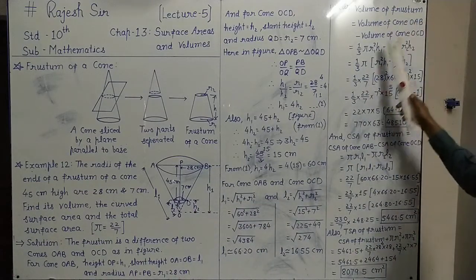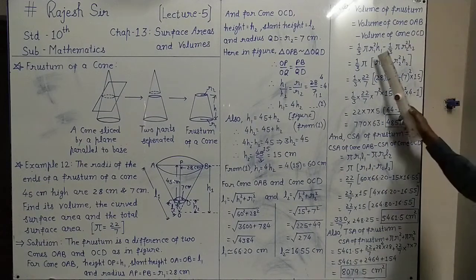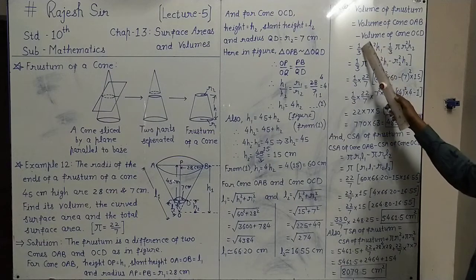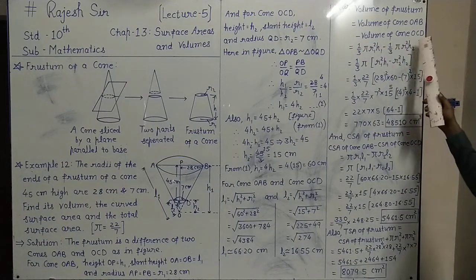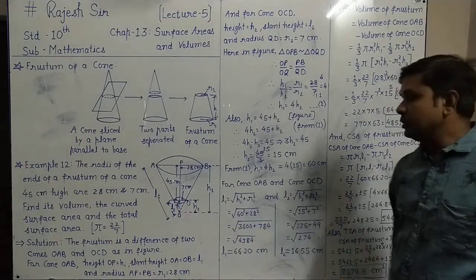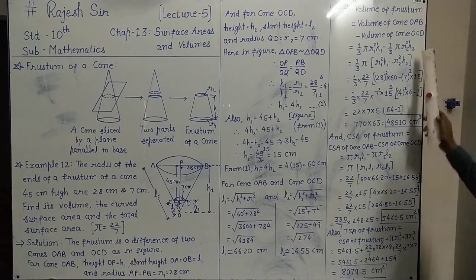Now the formula for the volume of a cone is 1 upon 3 pi r square h. For OAB, r and h are r1 and h1, so 1 upon 3 pi r1 square h1, minus the volume of the smaller cone OCD, 1 upon 3 pi r2 square h2.